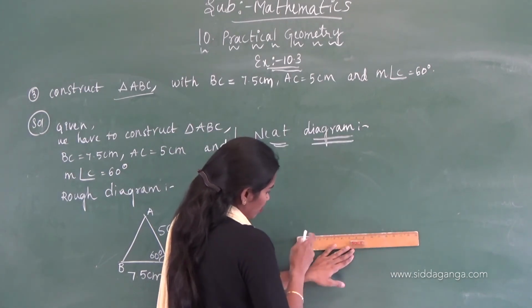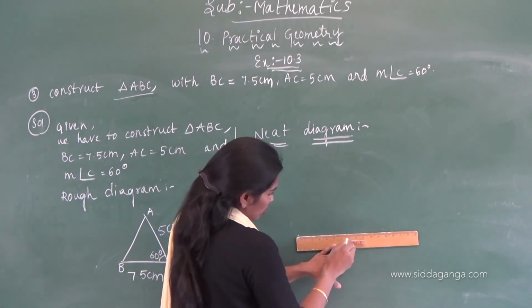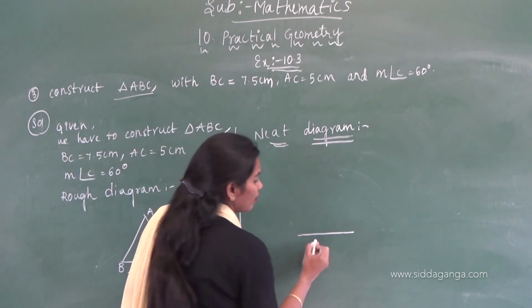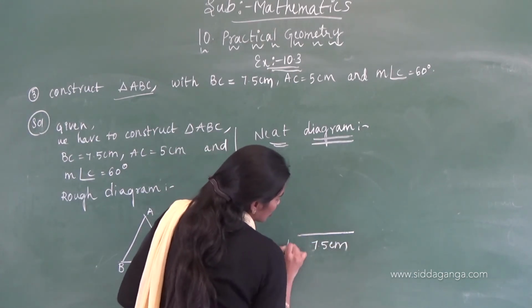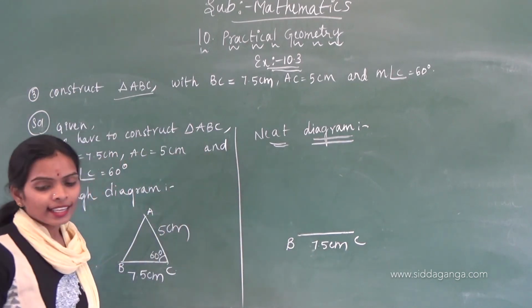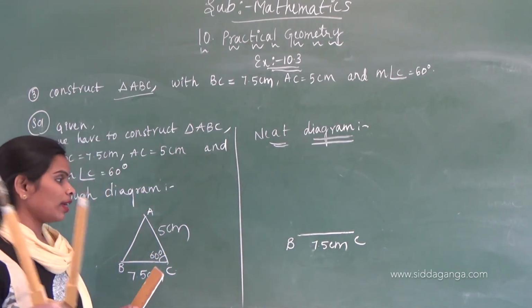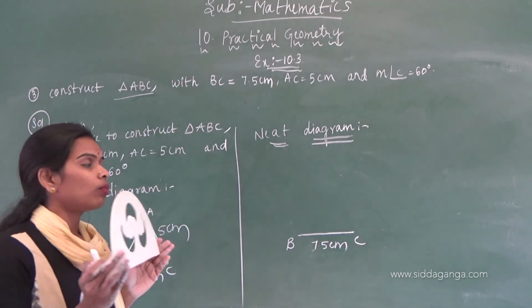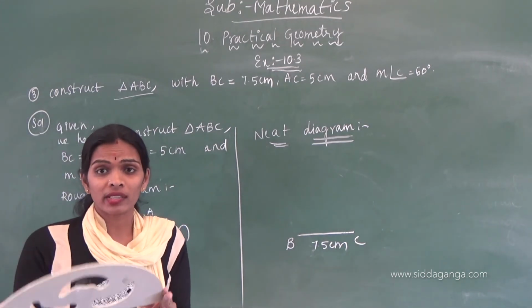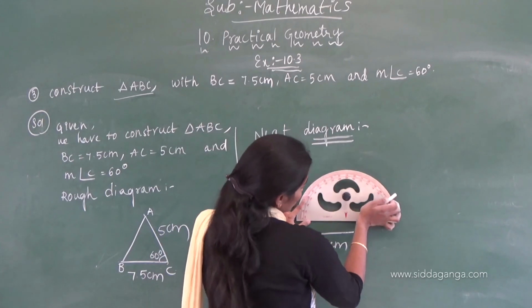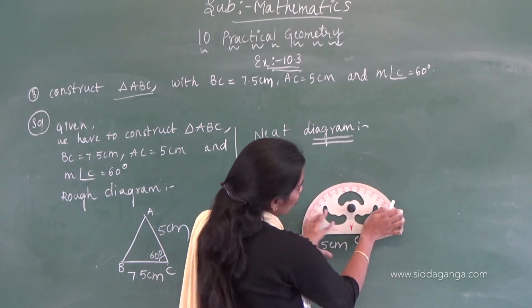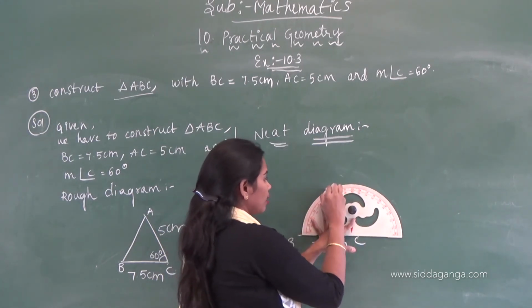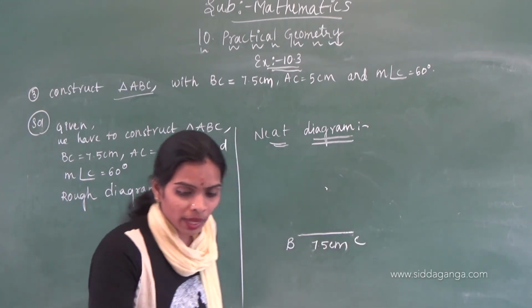See here, from here to 7.5 centimeters. This is BC, and then 5 centimeters I am taking. After that, we have to construct an angle through C. I am coinciding the center of the protractor with the line BC, and taking the upper scale here, and there I am putting one point.